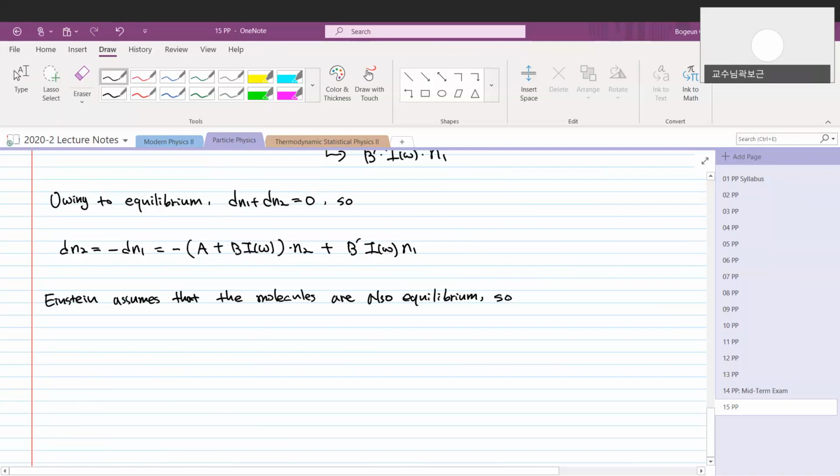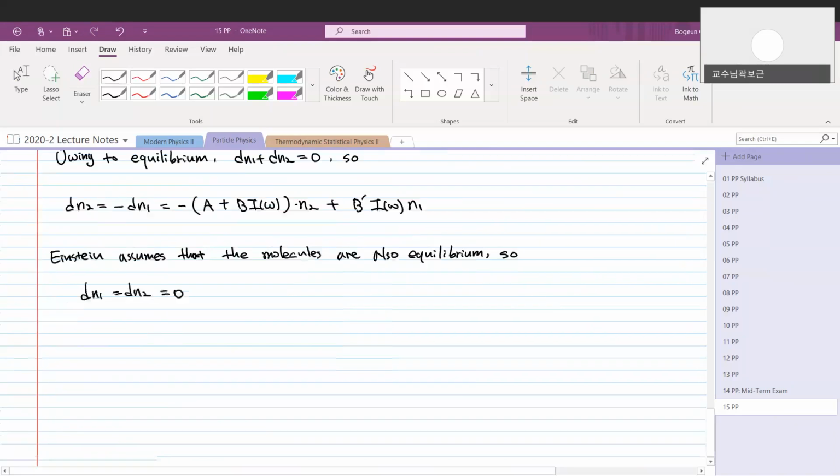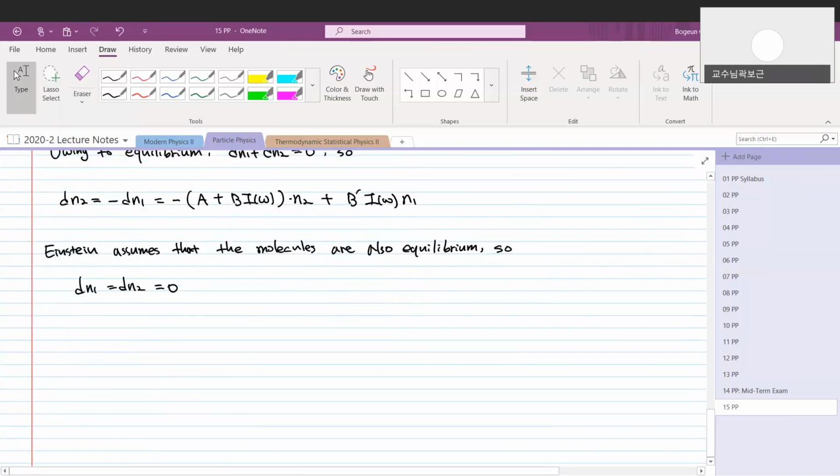This implies that the changes in N1 and N2 both will be zero, so the changes are balanced with each other.